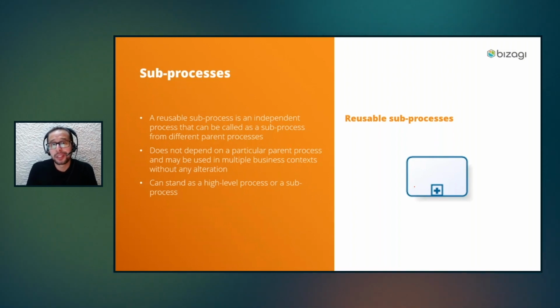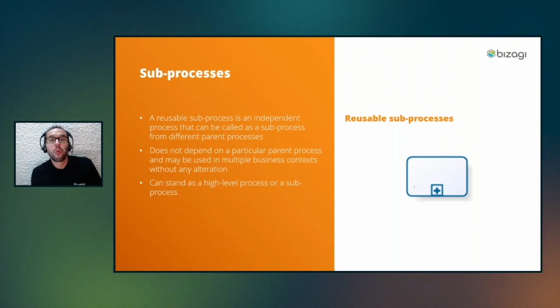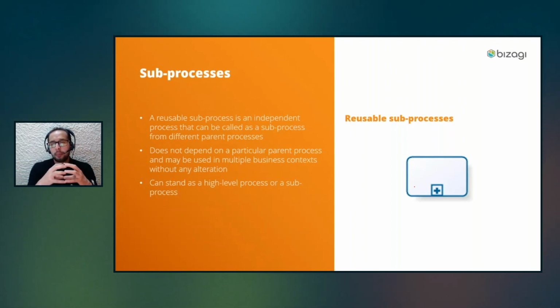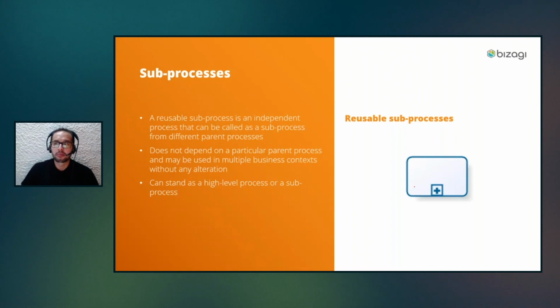One of the great advantages of these reusable sub-processes is that, instead of replicating the business logic multiple times, we can put all or part of the logic of a process in this component, and then reuse it multiple times in different business scenarios.